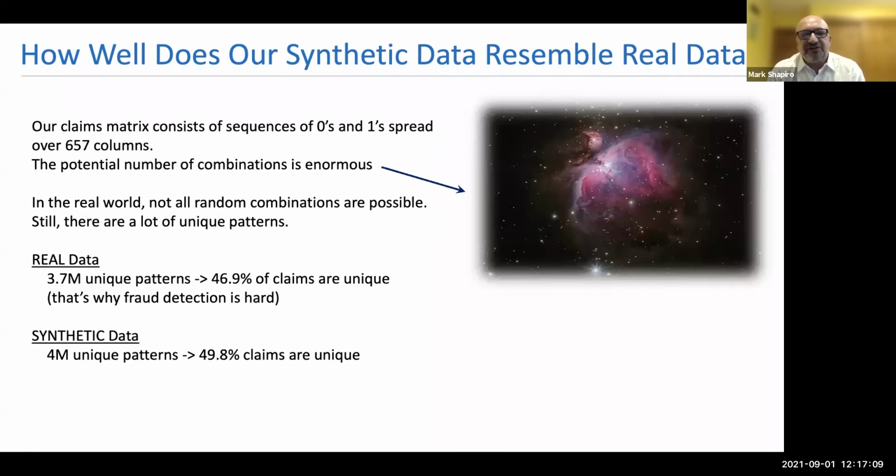That may partially explain why it's so difficult to understand the overall typical patterns in somebody's health history, and also why it's hard to detect fraud, for example. In the synthetic data, with the same distribution, about 50% of claims contained unique patterns.